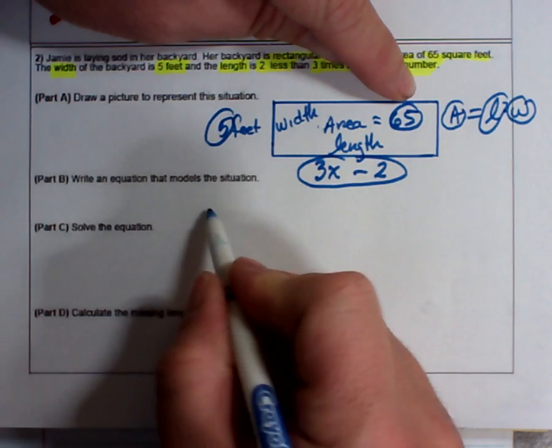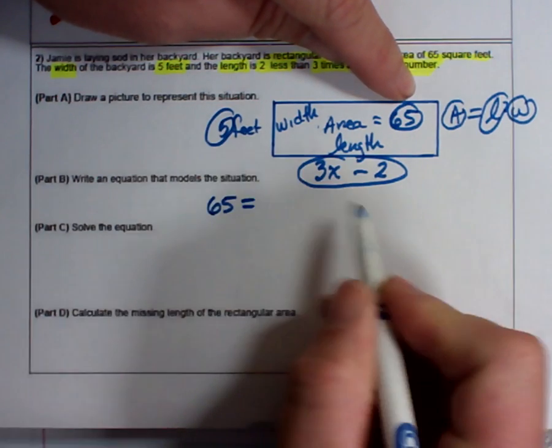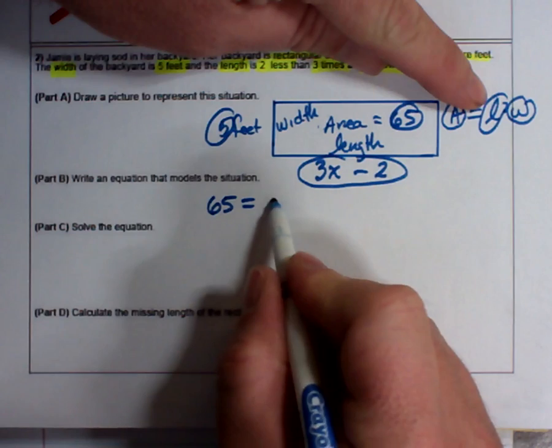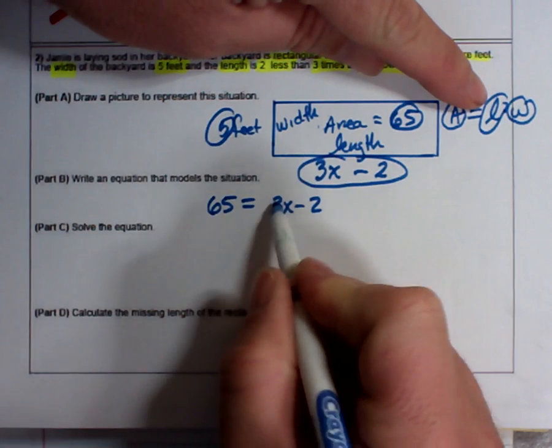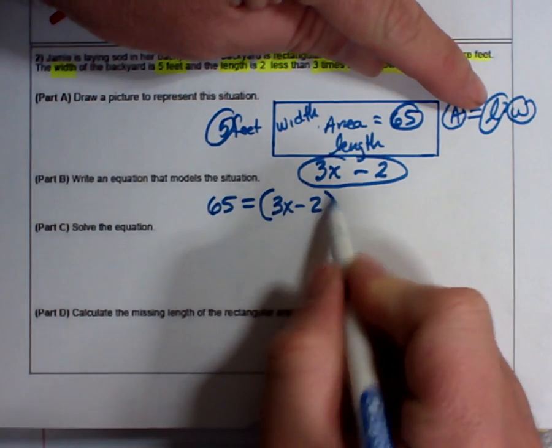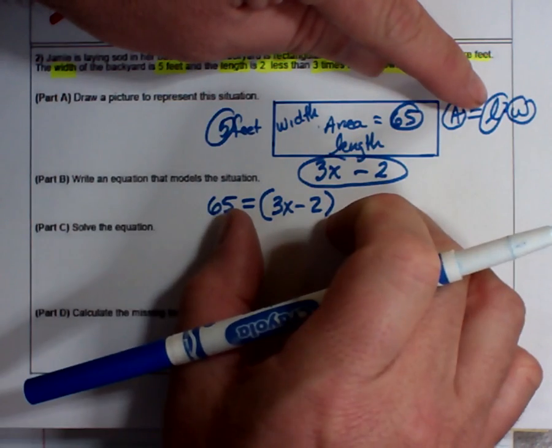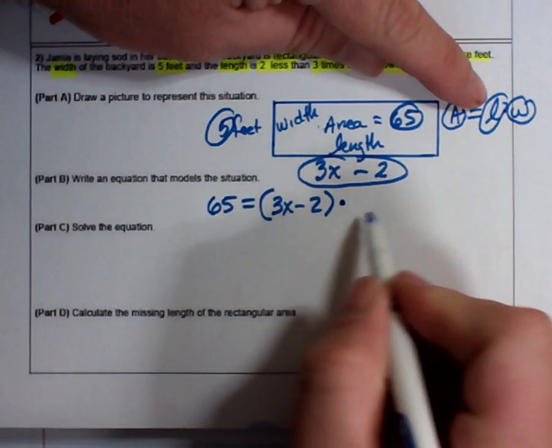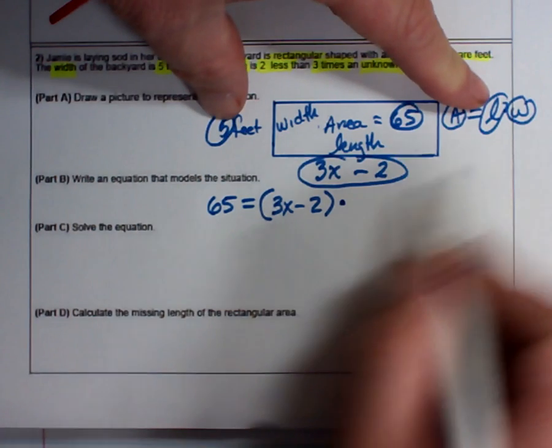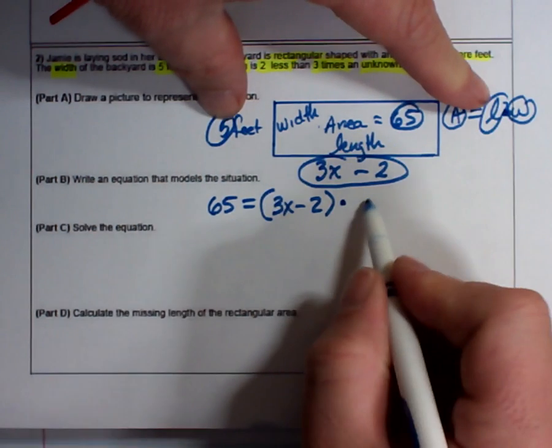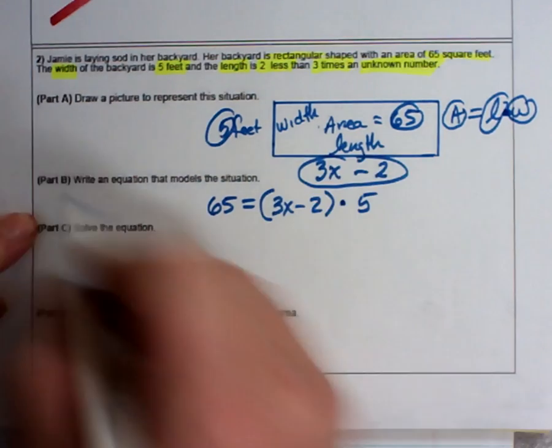For area, I'm going to put 65. And for length, I'm going to put 3x minus 2. Now, since there's two terms here, I'm going to put them in a parenthesis so that I keep the entire length together as a quantity. I'm going to put a times, and then 5. So I've written an equation.